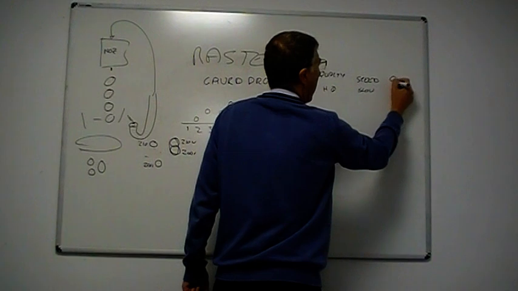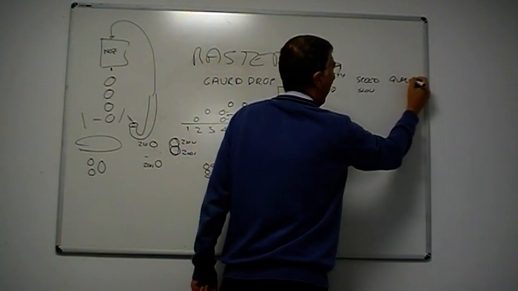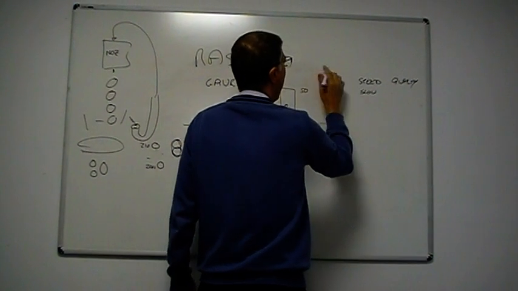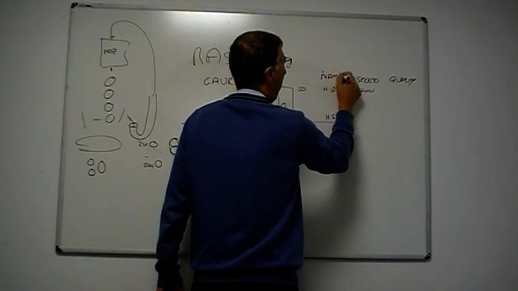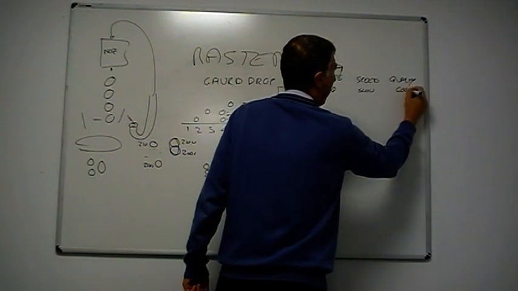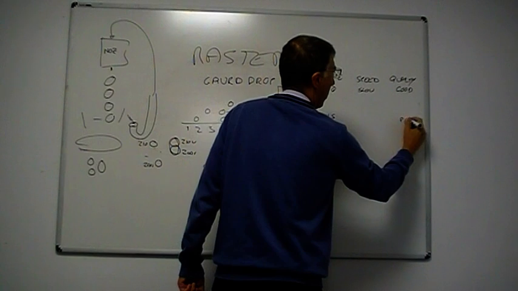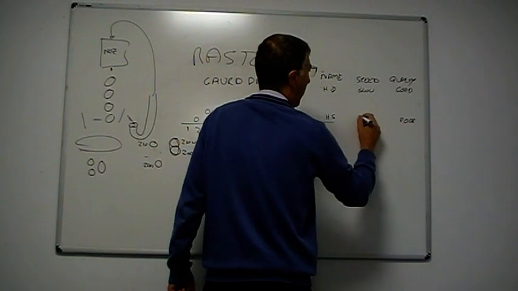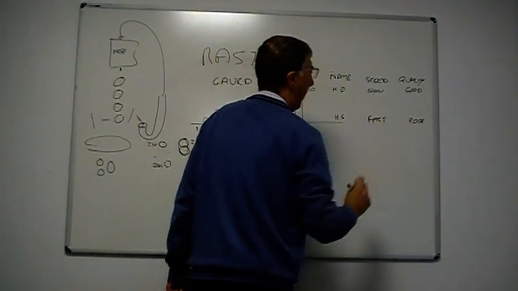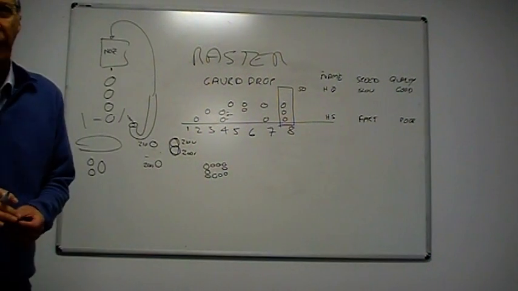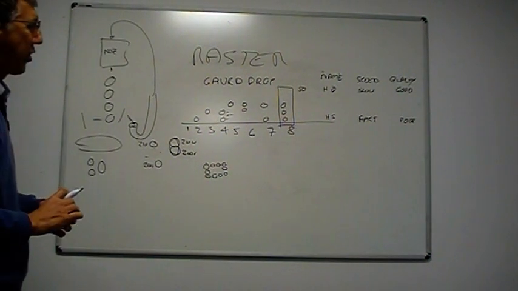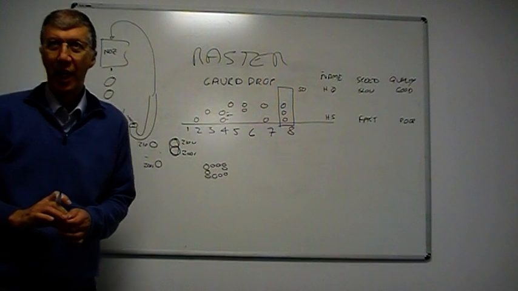I should put quality at the end here as well. That's name. Quality is good, quality is poor, and it's fast. So that is kind of the two ends of the spectrum that we have.